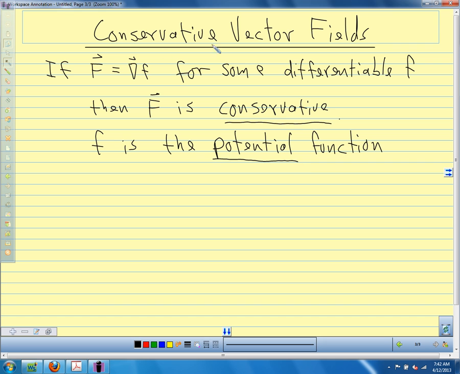So if our vector field F is conservative, it's the gradient of some scalar function, we call that scalar function the potential function. And just a reminder that the gradient of a scalar function is normal to level curves, and it's normal to level surfaces if we have f of x, y, z equal to a constant. So that's going to be important also.